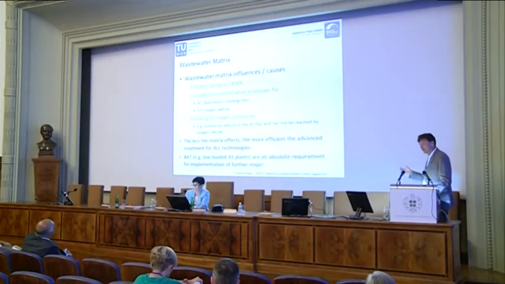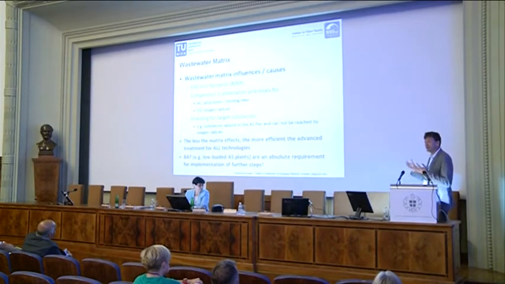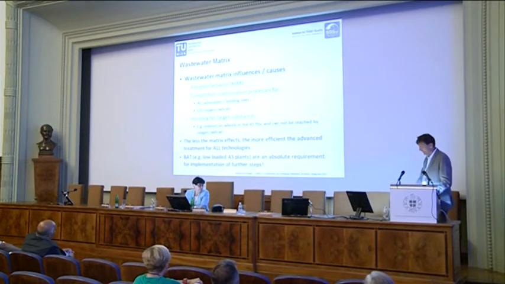So, in my opinion, the best available technology we have right now, with low-loaded sludge ages or nitrification, denitrification plants, is something like a prerequirement for the next steps. Otherwise, we're just wasting a lot of resources, a lot of ozone, a lot of activated carbon, just to remove matrix that anyhow could be removed biologically by the low-loaded plants.